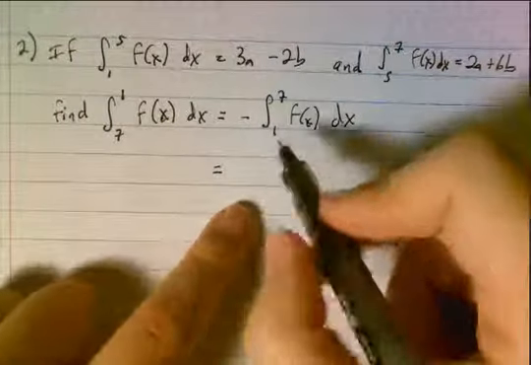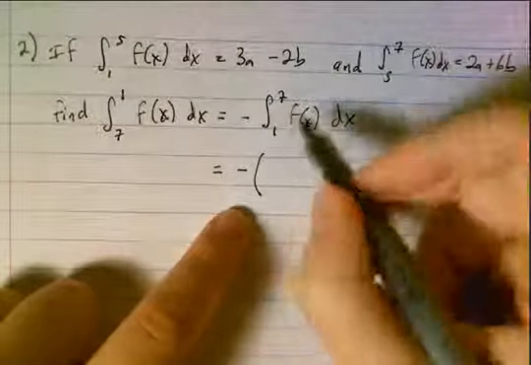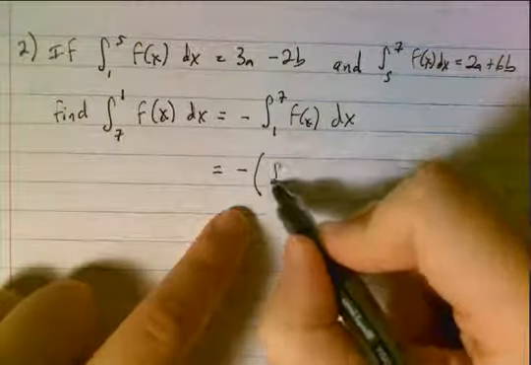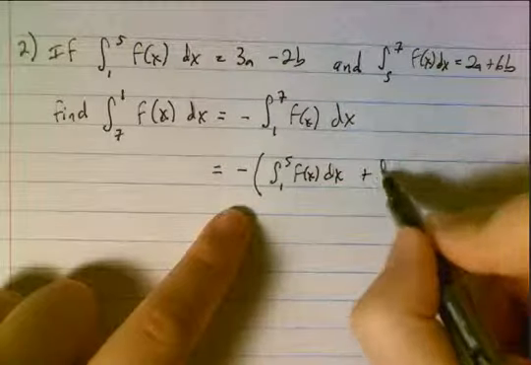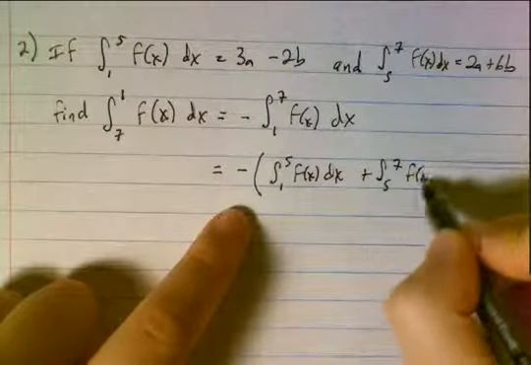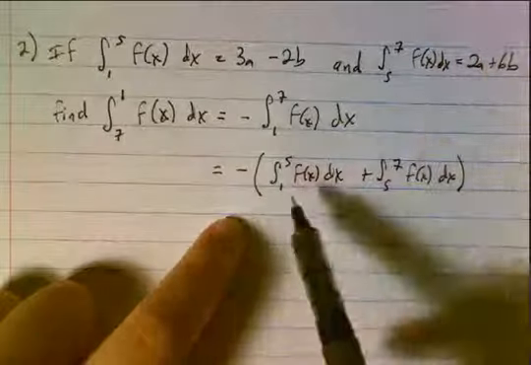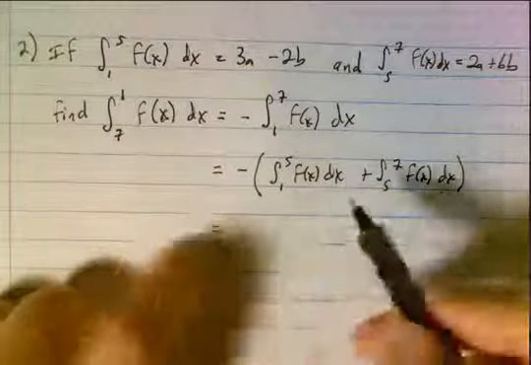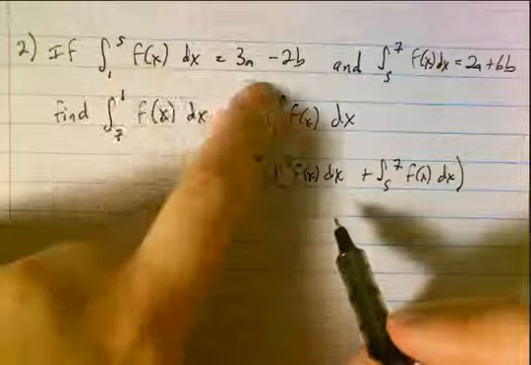Now, make sure not to lose that negative, because in order to turn this into this, we just have to split it up. We know each of these. We're told them right in the problem, so we can just substitute in. This is 1 to 5.